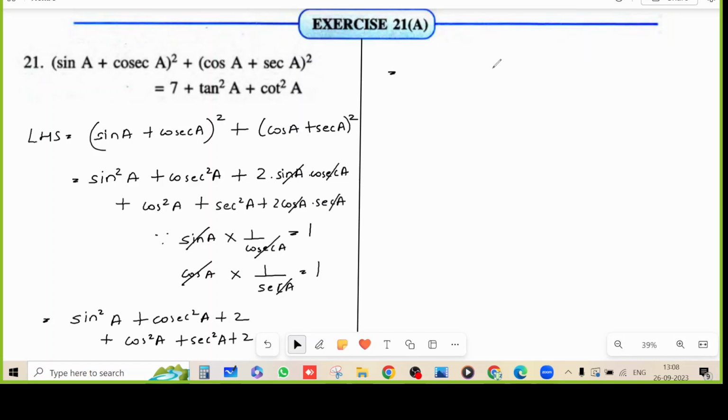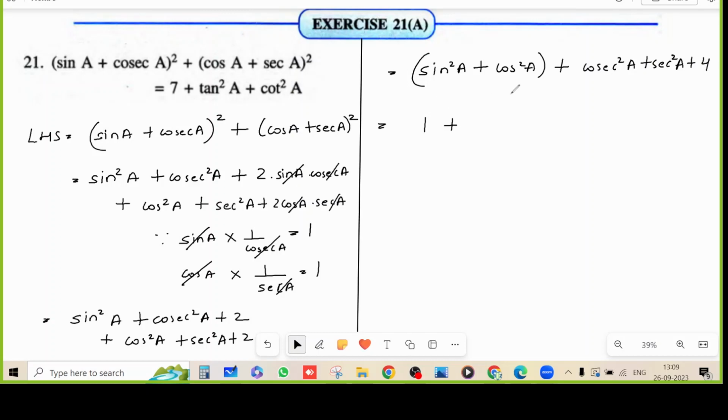Now this can be written as sin square A plus cos square A plus cosec square A plus sec square A plus 2 plus 2 will become 4. Now we know sin square A plus cos square A is equal to 1 by the trigonometric identity.